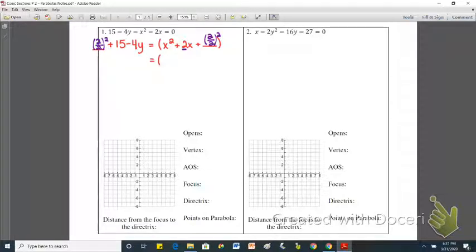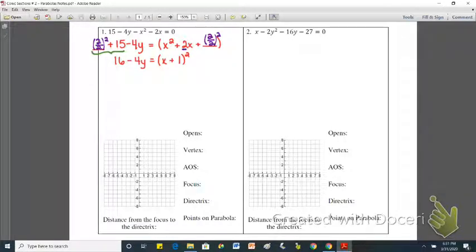So the right hand side becomes (x plus 1) squared: x, bring down the plus, half of 2 is 1, and put a squared on the outside. Now over here, these are constants, so what do they add up to? (2 over 2) squared is 1, plus 15 gets me 16 minus 4y.